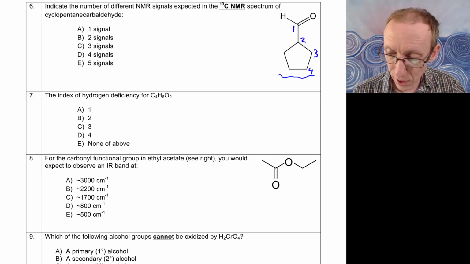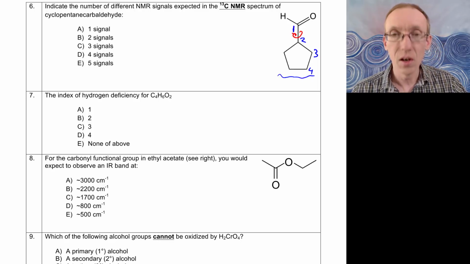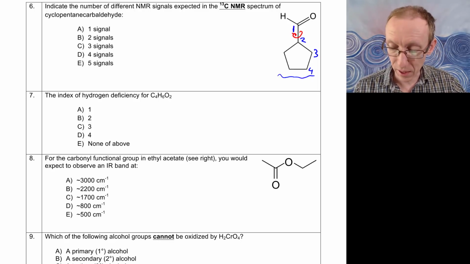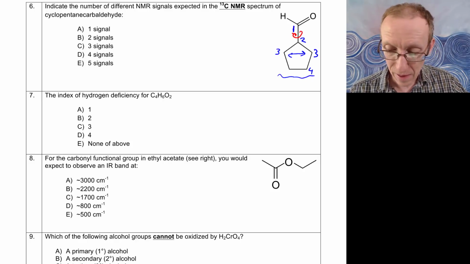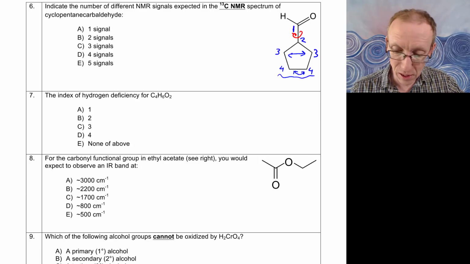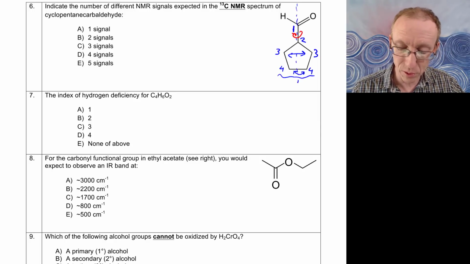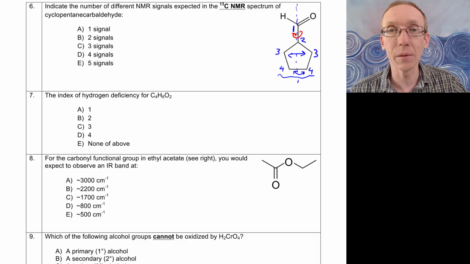Now there's free rotation around this bond here, and that means that over the NMR timescale, we'll see these 2 being equivalent. So this is also going to be our number 3, and these 2 are going to be equivalent as well. So that's going to be number 4. Because of the symmetry of that molecule, we can draw a mirror plane if we wanted to. Don't worry about the fact that one side of this carbonyl group looks like a double bond to oxygen, the other one looks like a single bond to hydrogen.